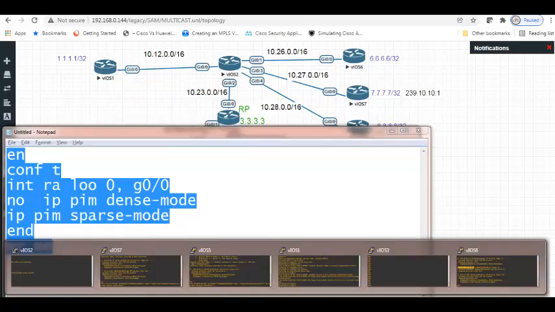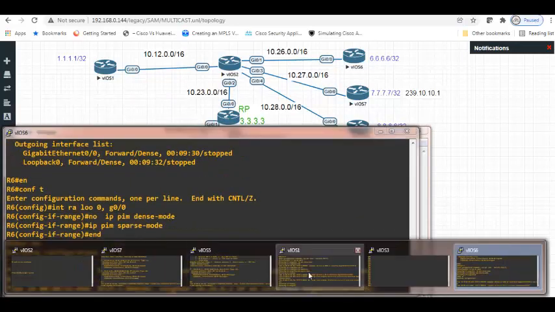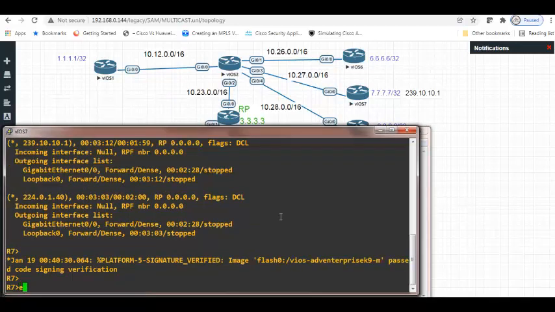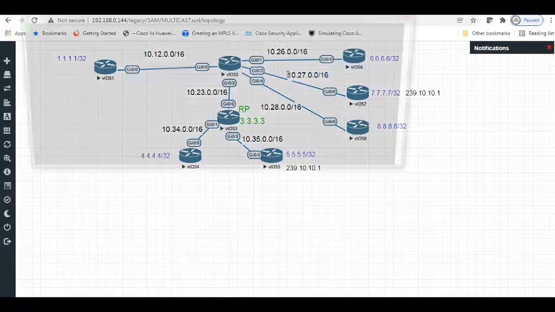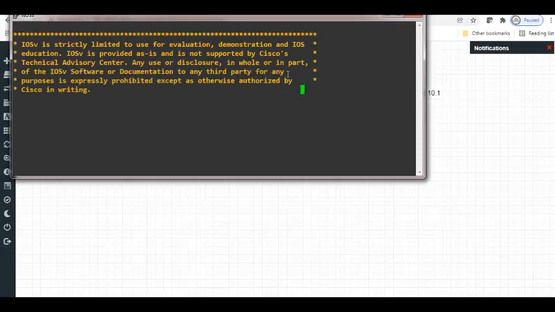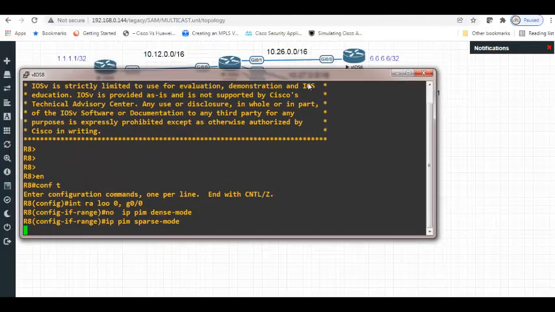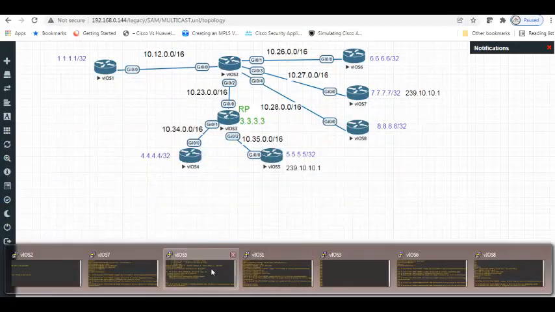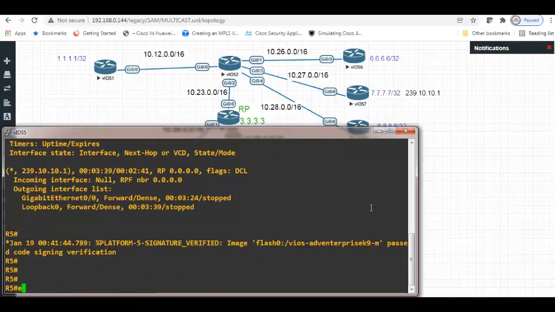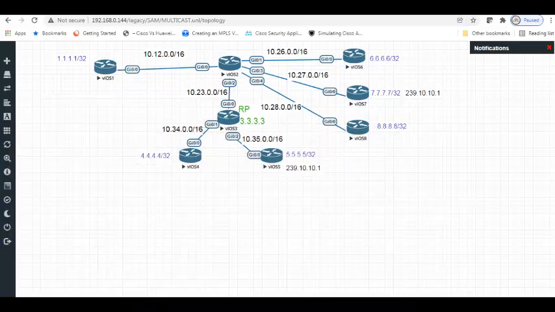This goes on router 6, and also on router 7, and also on router 8, and also on router 5, and now on router 4.